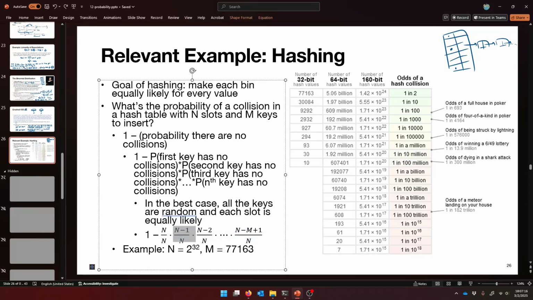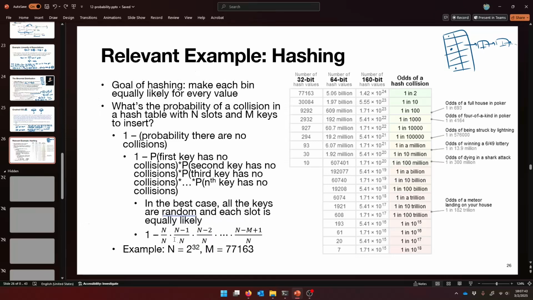Times the probability that the second key didn't collide, assuming your hash function was perfect: it's n-1 slots left that are not in use, right? Times the probability that the third key didn't collide. You've got 2 slots in use, pick one of the other ones. The probability of that happening was n-2 over n, all the way down. Does that make sense?